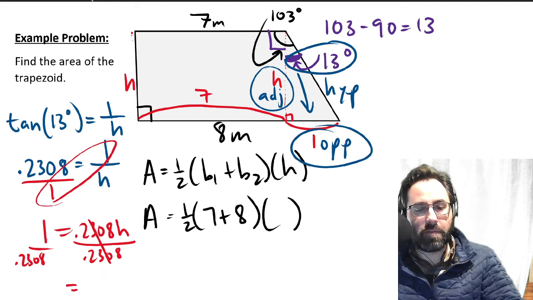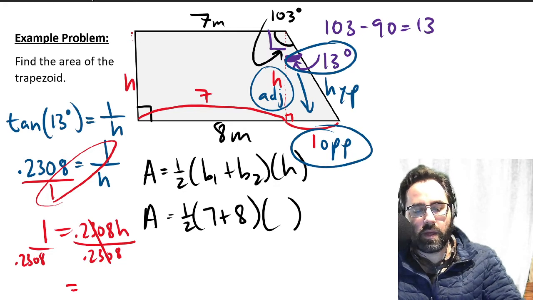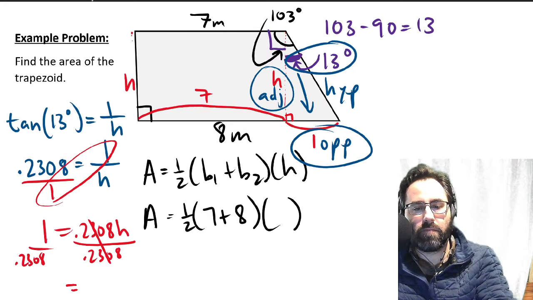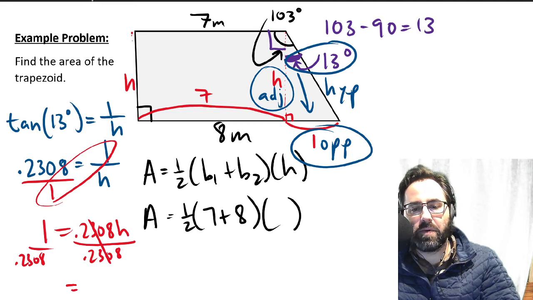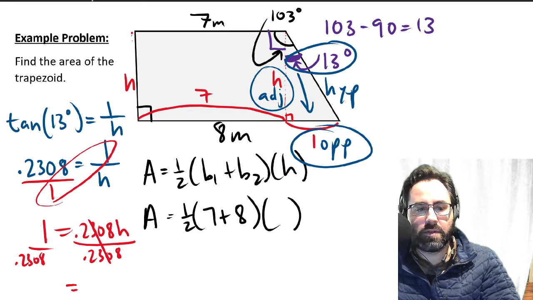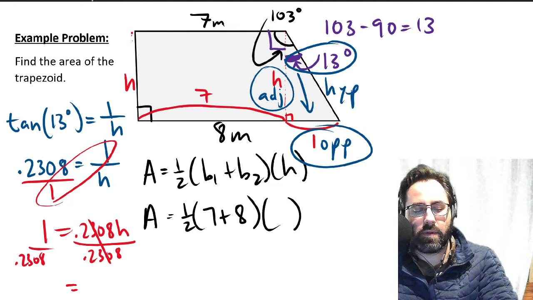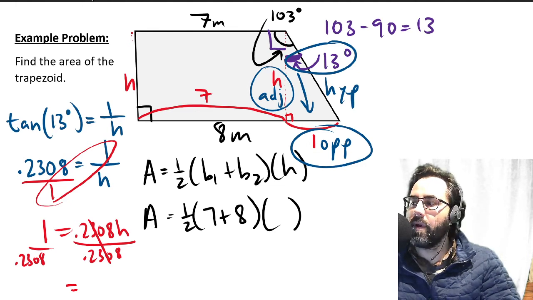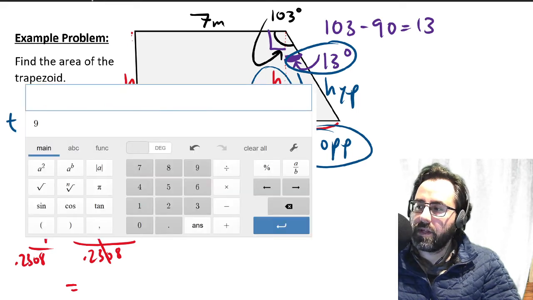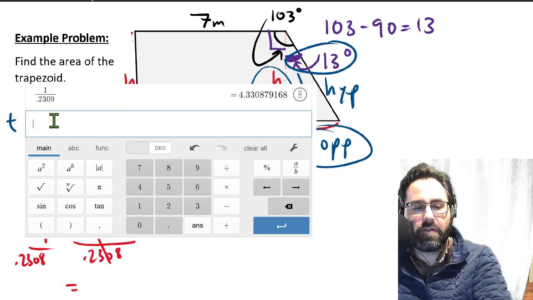Let's calculate it. And so 1 divided by 0.230. I should put 9 because this 6 rounds. Whoops. Oh, I don't feel like redoing this video.